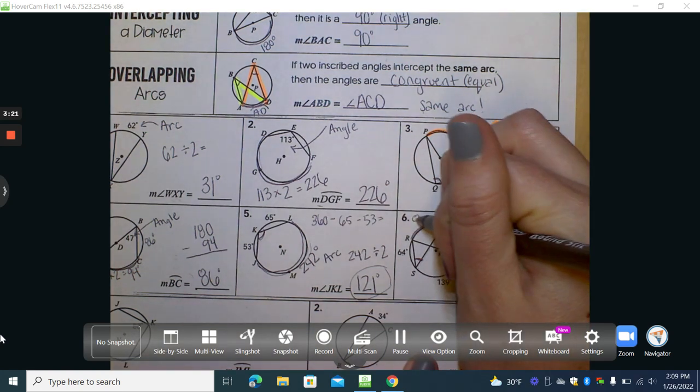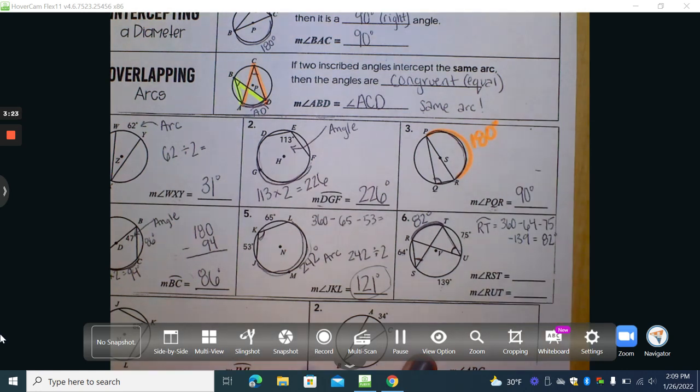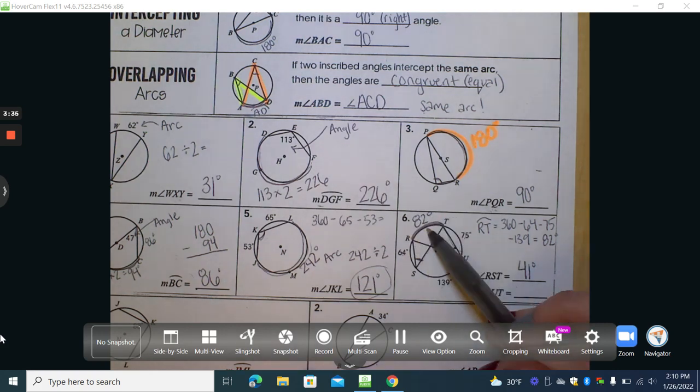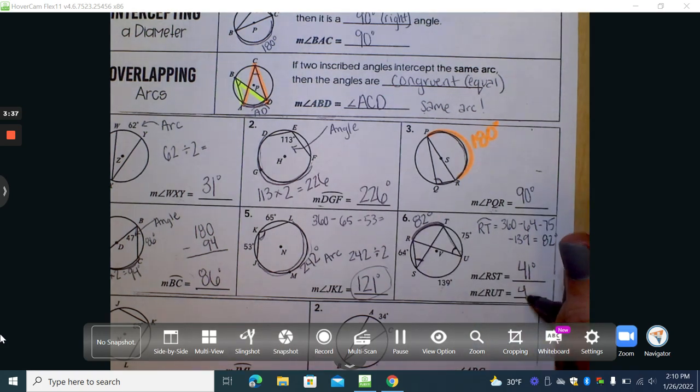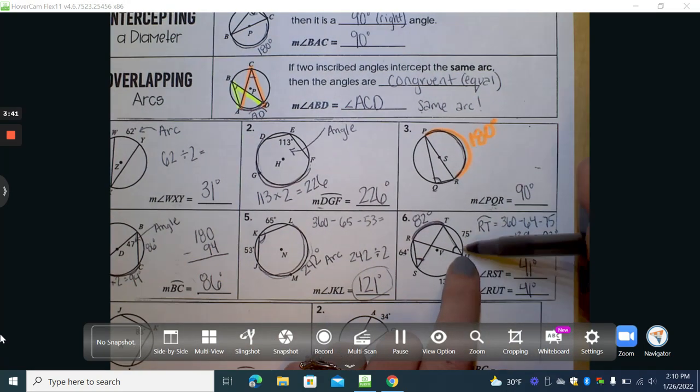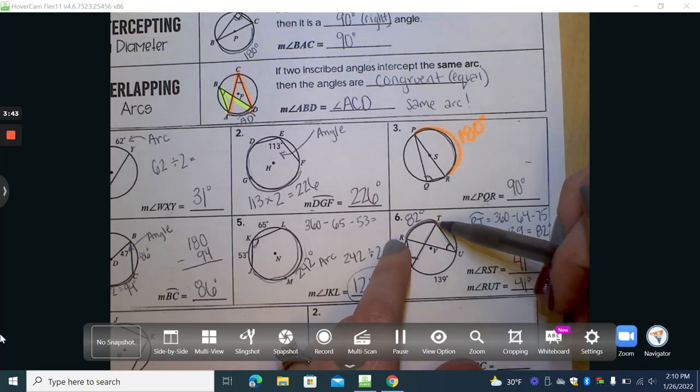So my arc over here is 82 degrees. My angle is going to be half of that. Angle RST is going to be half of that, 41 degrees. And this same angle is doing the same exact arc, 82 degrees, so half of that is 41. They are the same angle measure because they both open up to the same arc.